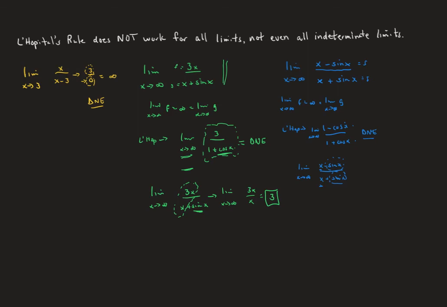Compared to those huge numbers, it's insignificant. So I don't want to say equal, I'm going to put an arrow. It's going to look like the limit as x goes to infinity of x over x, which is just 1. And that is indeed our limit.